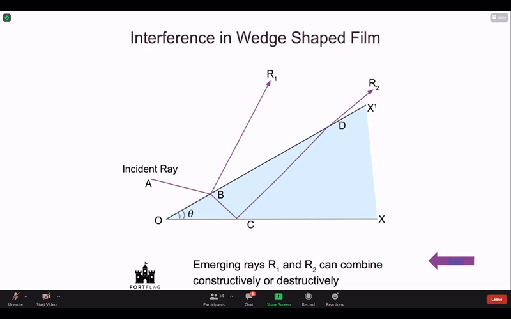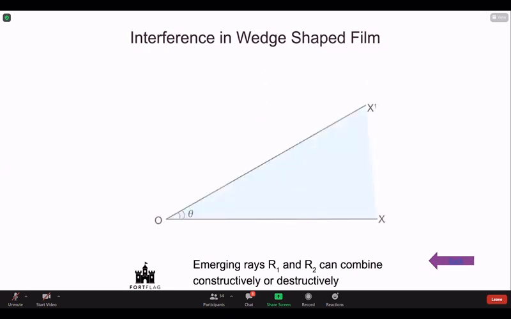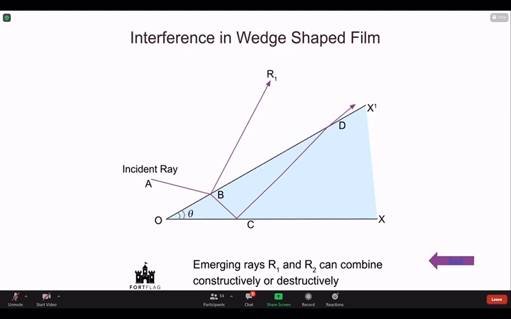From B, some light is refracted inside at point C. Again it is reflected back in the medium, and from the inclined surface it comes out as ray R2. These rays R1 and R2 will combine constructively and destructively, and they will create a very interesting interference pattern.